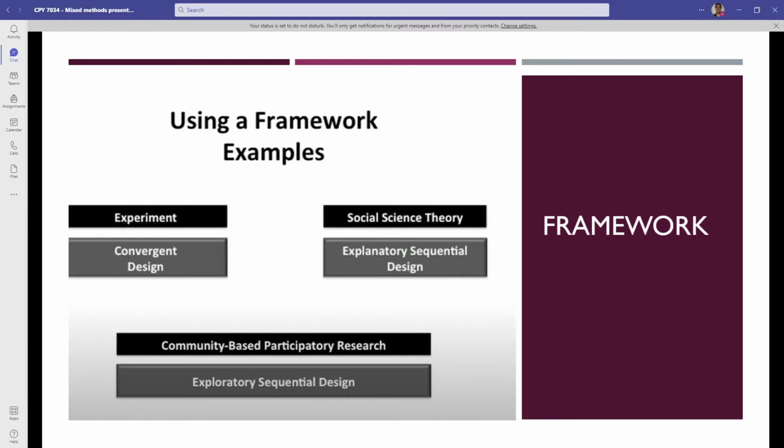And community-based practitioner research is the exploratory. That would be more towards the critical ideology or the constructivism, where you're trying to understand these experiences that people have, and then you're basically trying to gain quantitative analysis of it.